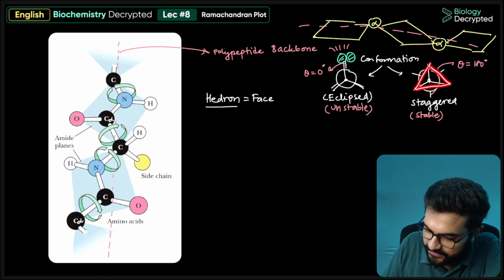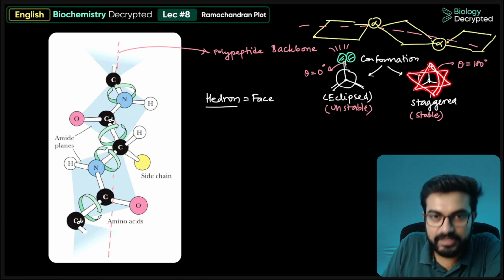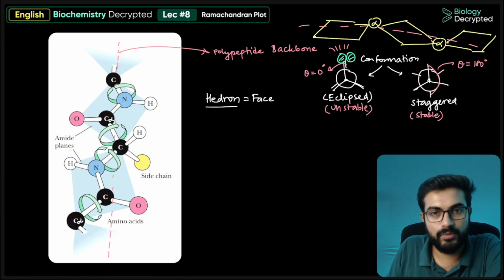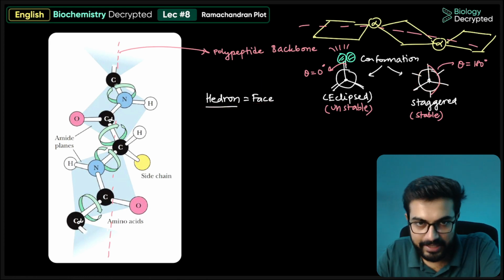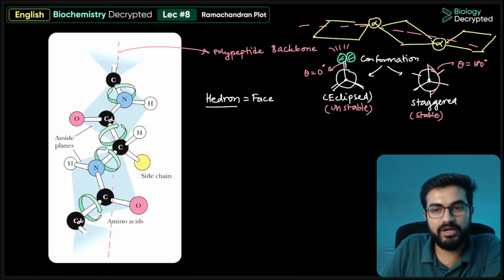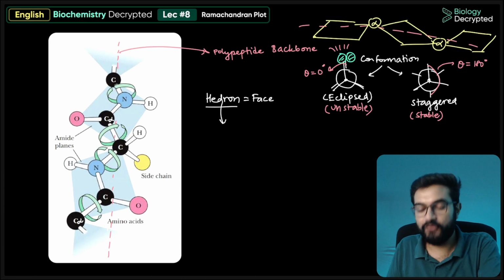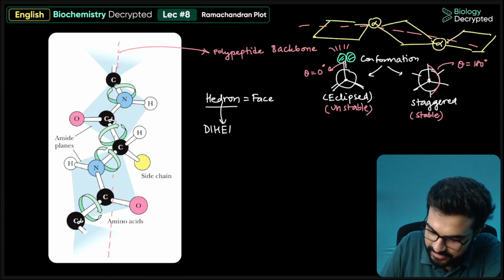This is a triangular face and this is a triangular face, and you saw the angle difference between this point and this point was 180 degree. These triangular faces are called hedron, or in plural form hedra, and since there are two triangular faces involved, the angles involved are called dihedral angles.